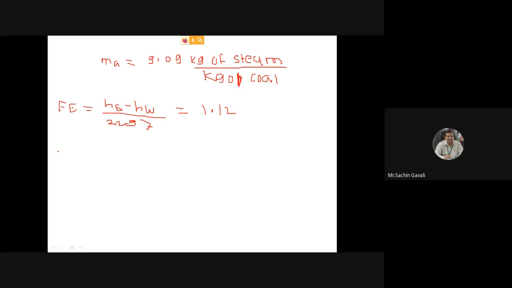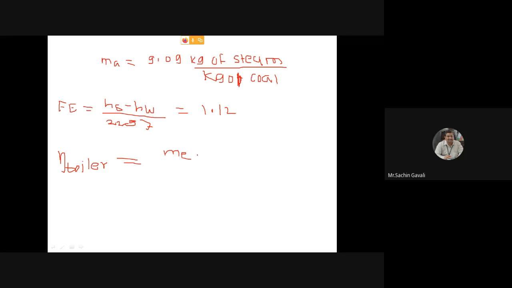And the next parameter is eta, boiler efficiency. What is the formula?